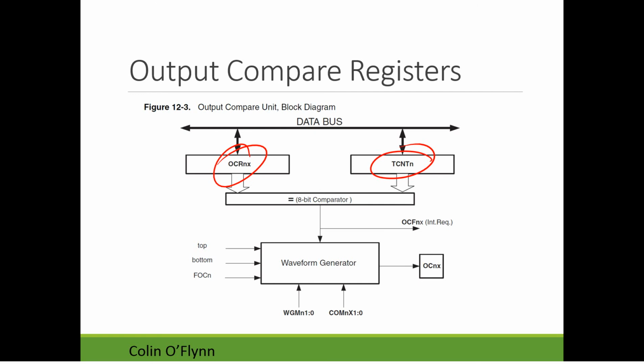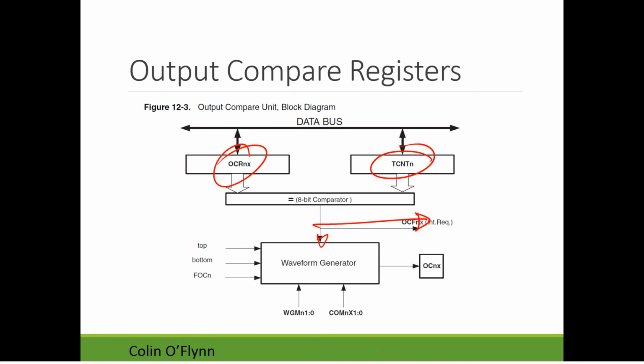In this case, it's going through what's called the waveform generator block, and this can be used for part of our pulse width modulation. You can use this for really simple stuff, like every time the counter reaches some value, all I want you to do is generate an interrupt, which we'll talk about, which means every time the counter reaches some value, run this code, and just keep counting up.